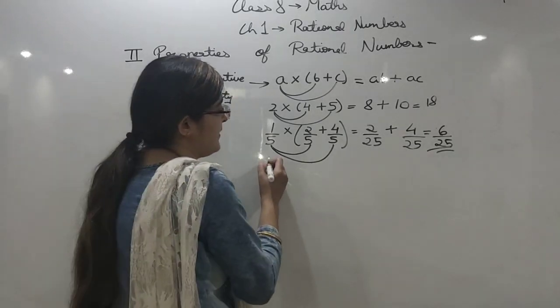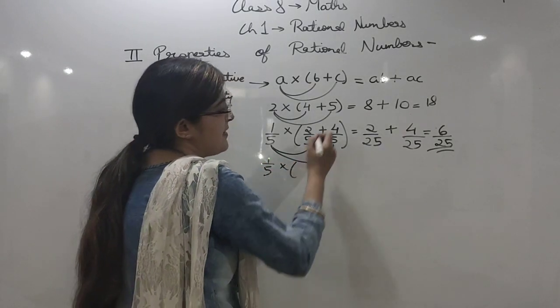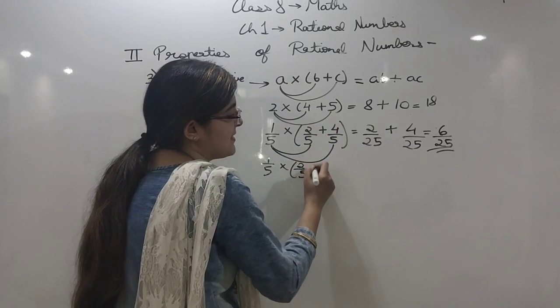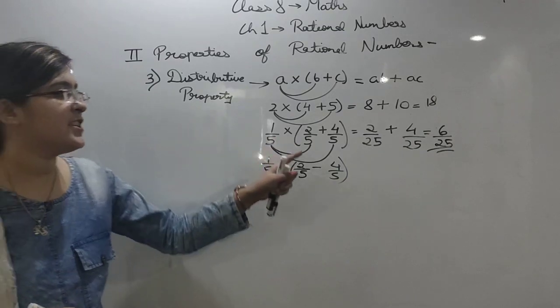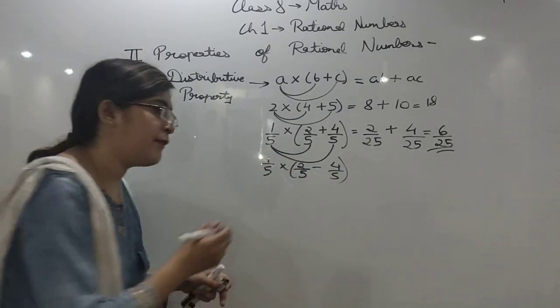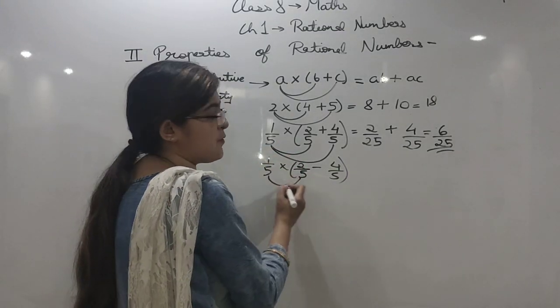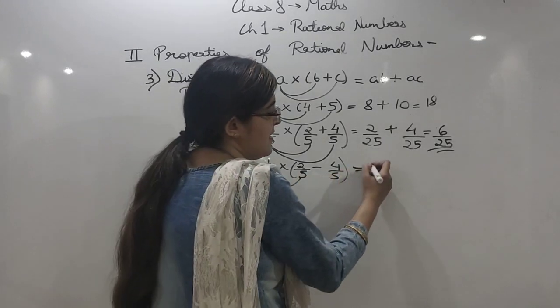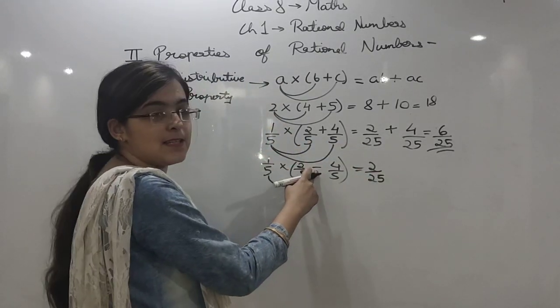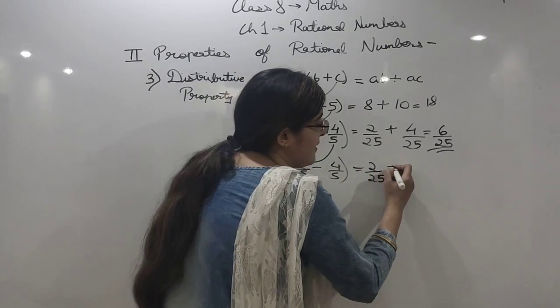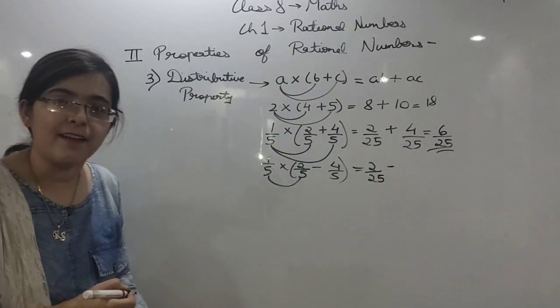If here the sign changes to minus, then what will we do? If the sign changes to minus, then we will follow the same property. First we will multiply it by this. Answer will be 2 by 25 here. Now since it is a minus sign, we will put a minus sign here.